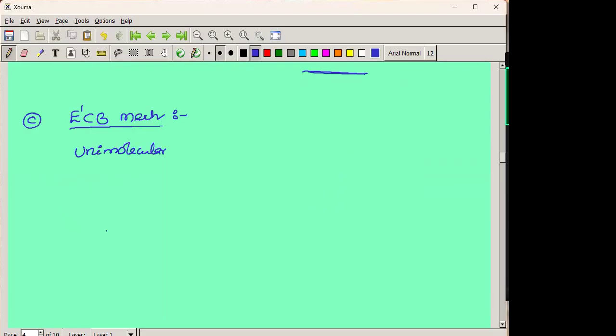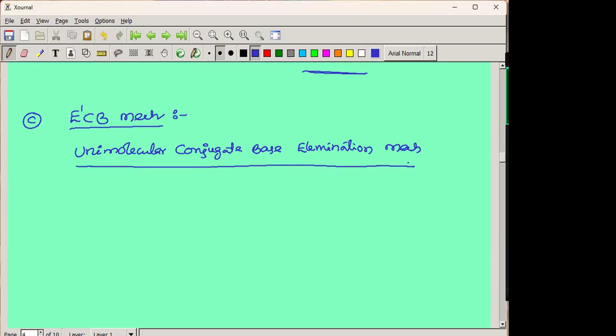It belongs to the unimolecular conjugate base elimination reaction or mechanism. So this is about the E1CB mechanism.